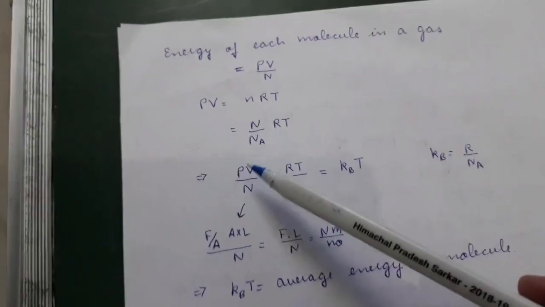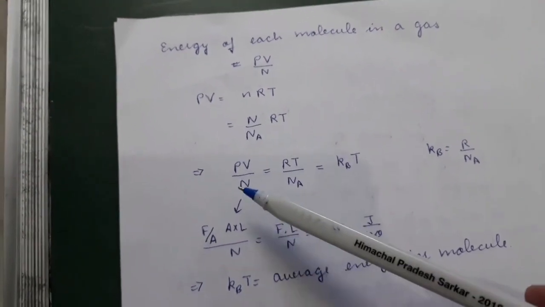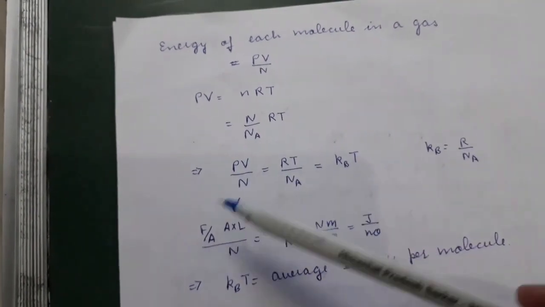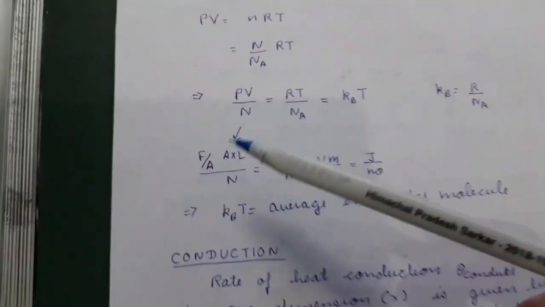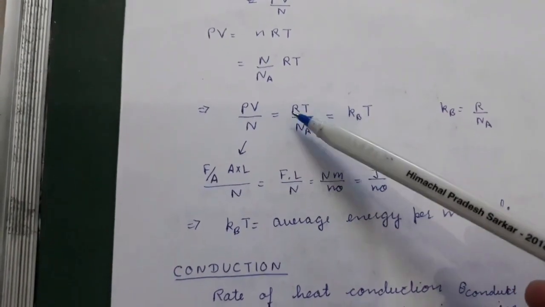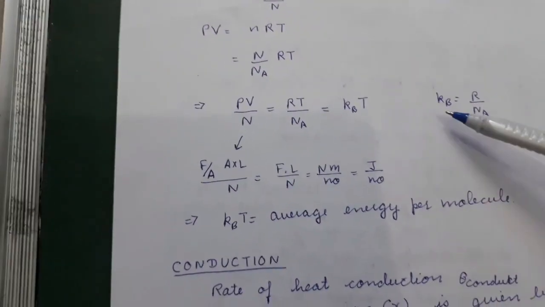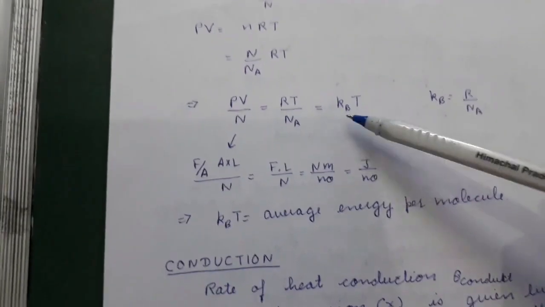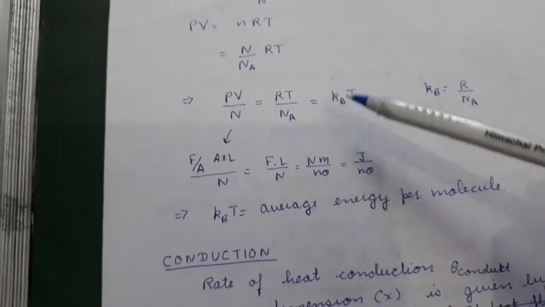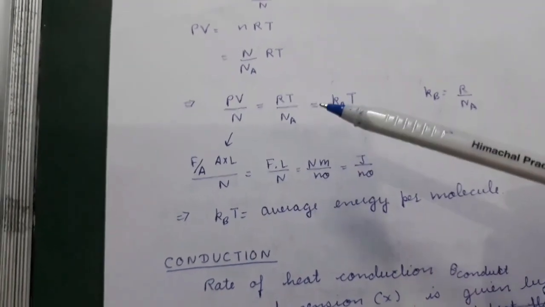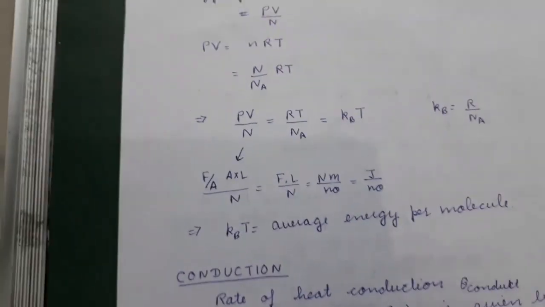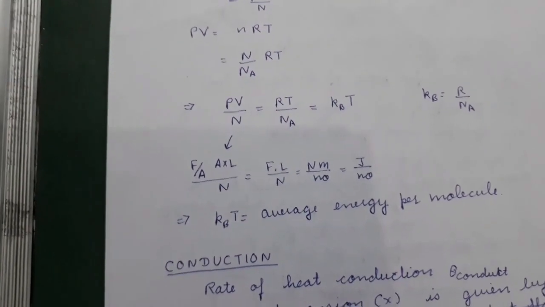So the total energy divided by the total number of gas molecules will give us the average energy associated with a single particle. It comes out to be RT upon Na, and R upon Na is the Boltzmann constant, and therefore it will be kT. Therefore we can say that kT is actually the energy associated with a single heat carrier in a system.